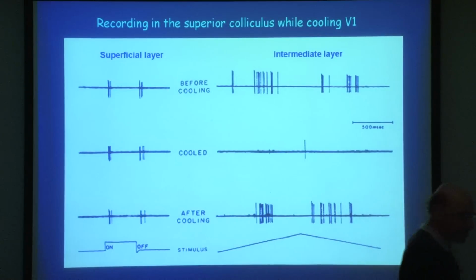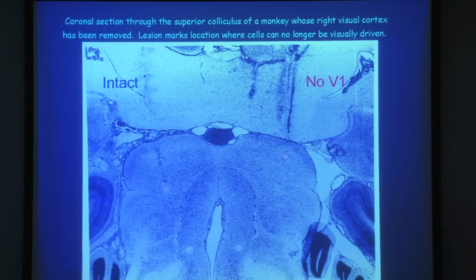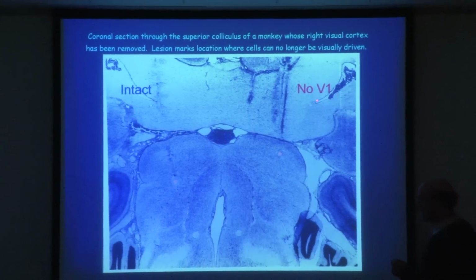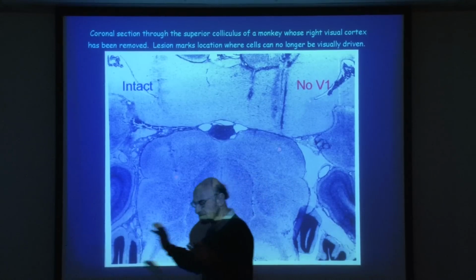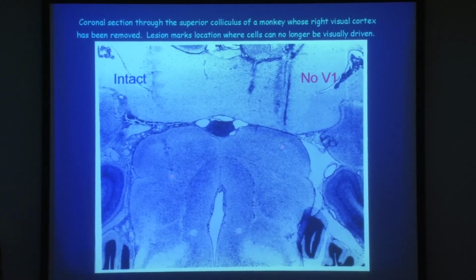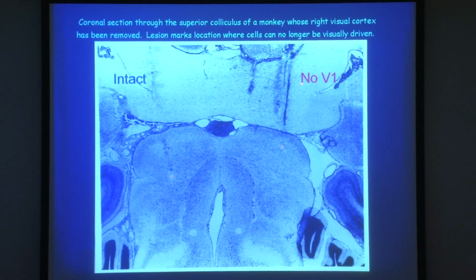Then you can record on either side in the superior colliculus, the intact side or the affected side. Everybody follow that? All right. If you do that, this is the intact side, and this is the side where there's no V1, and this was taken months after the area V1 was removed.